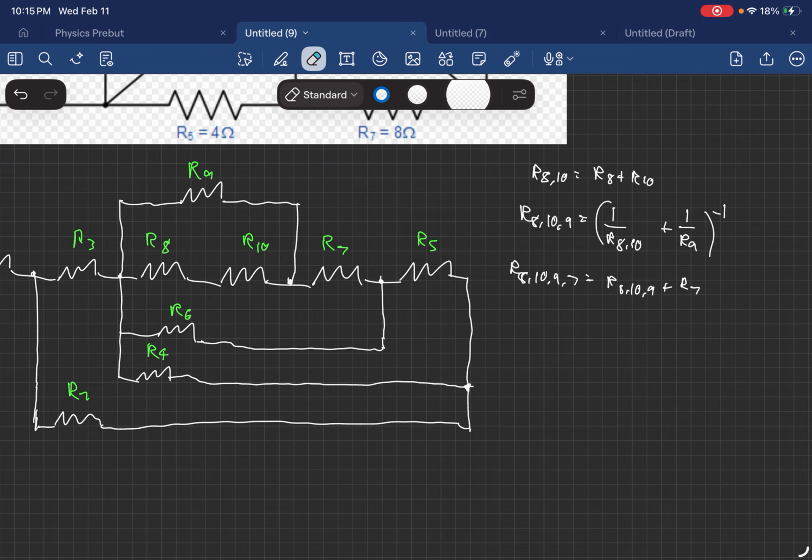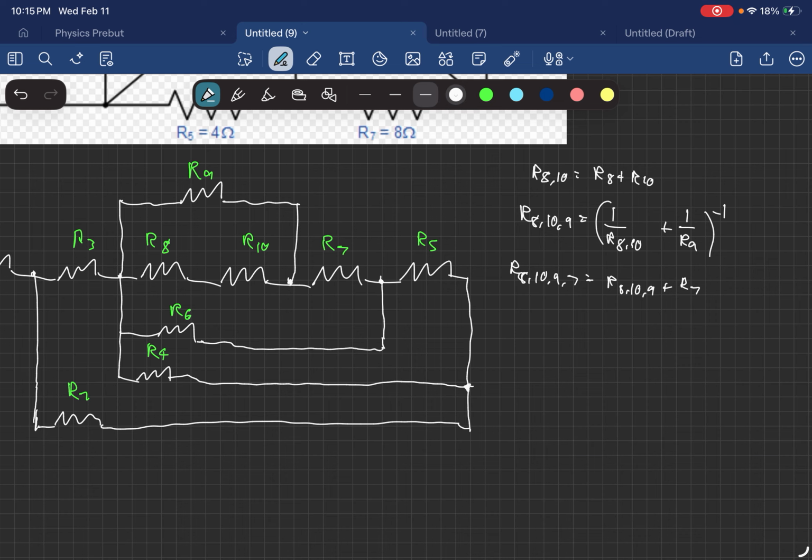R8,10,9,7,6 is equal to 1 over R8,10,9,7 plus 1 over R6, raised to negative 1.